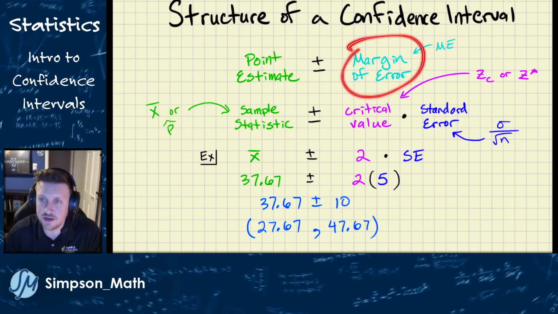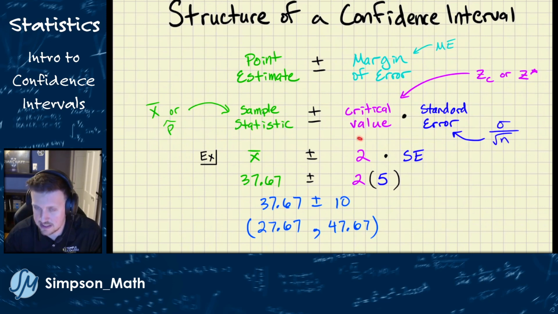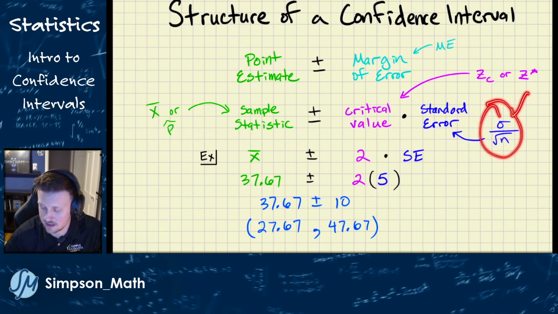All right, and then our margin of error. We did this innately a second ago. We said, well, we're just going to take 2 times our standard deviation that we got earlier, and we multiply that out. Now, I have done a little bit of a vocabulary swap here. Instead of a standard deviation, I'm going to call it a standard error. A few reasons for that. One is mainly that in our coming sections, we're not going to be using population parameters.